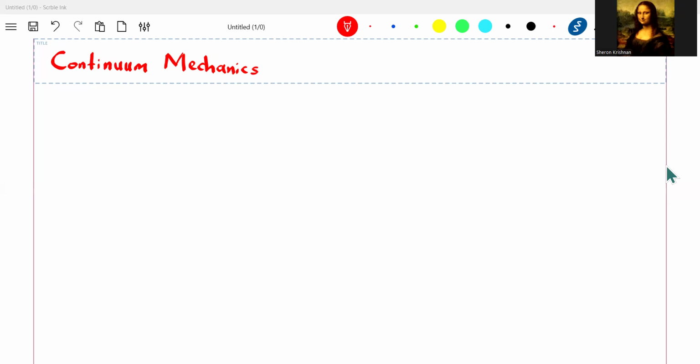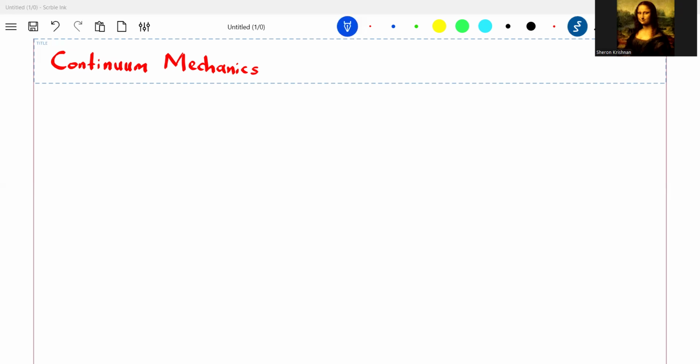So in this lecture series, we are going to discuss continuum mechanics. Continuum mechanics is one of the fundamental courses in civil and mechanical engineering.